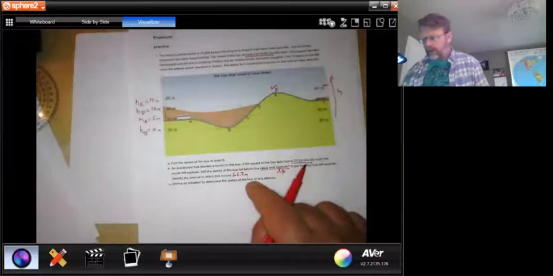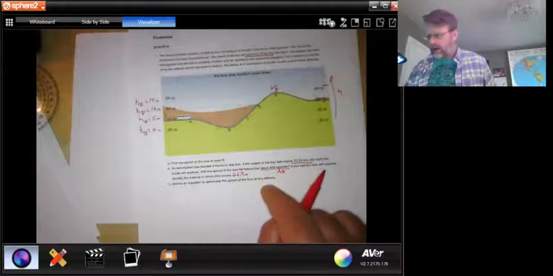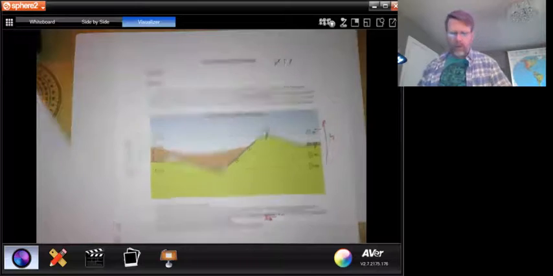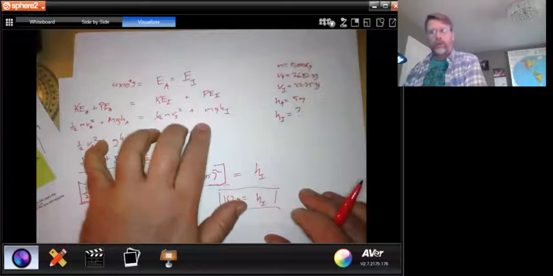Finally, part C, derive an equation to determine the speed of the bus at any altitude. You'll notice we're going to go through the exact same setup for the first three steps.